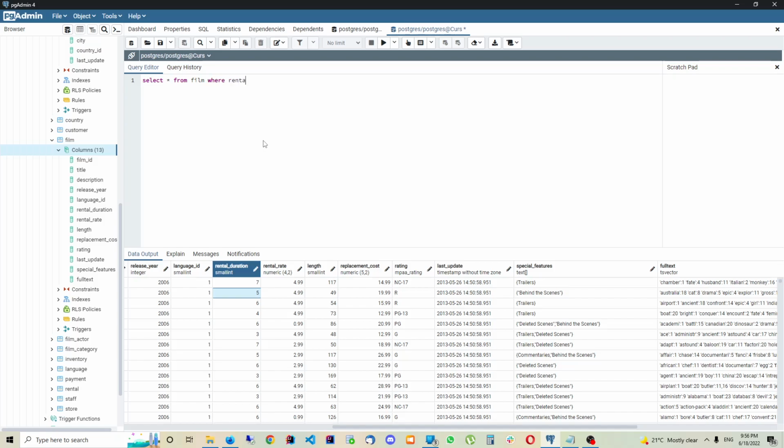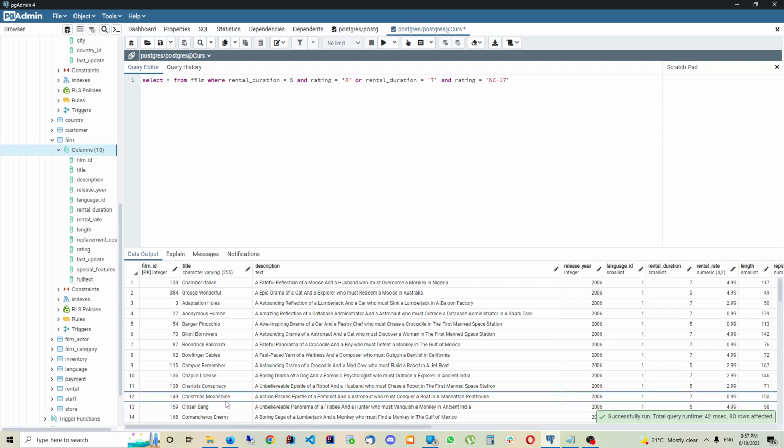Rental duration is 5 and rating is R, or rental duration is 7, let's type 7, and rating is NC-17. So what will this do behind the scenes? Let's fire it and examine it.